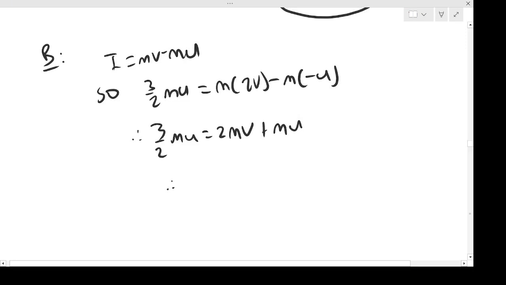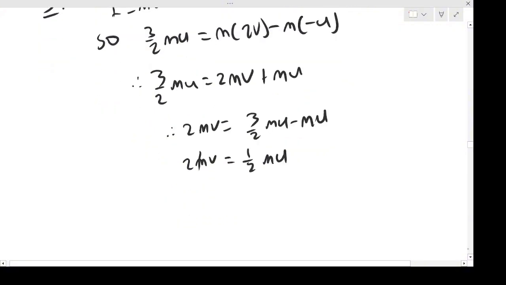Then if I move the mu to the left, so we have 3/2 mu, take away mu. So then we can add the mu's. So 3/2 lots of mu, take away 1 lots of mu is a half lots of mu. Okay. Then I can get rid of the m's. Divide by the m, cancel it out to get 2v to be a half u.